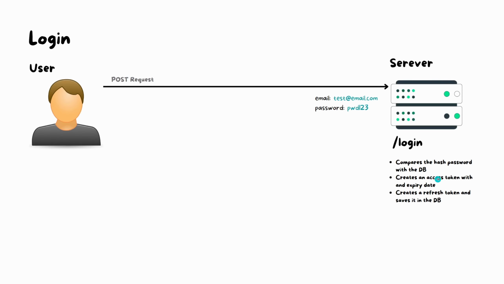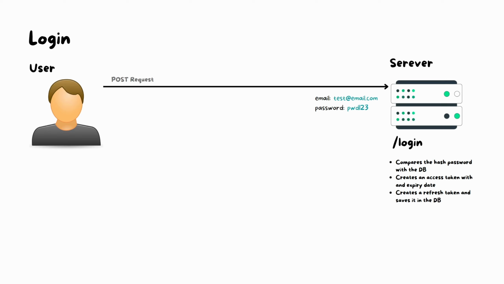After creating an access token, it creates a refresh token as well. Refresh token can be any random string, and it creates an expiry date for the refresh token as well. Mostly it's long-lived, like 6 months, or you can even go to 12 months. What it basically says is, when you go to a website, you don't log in every time, right?